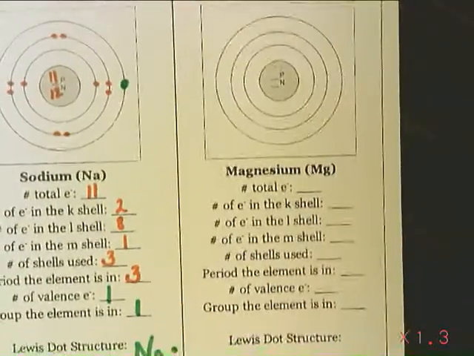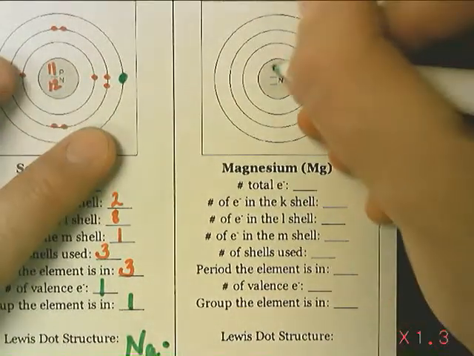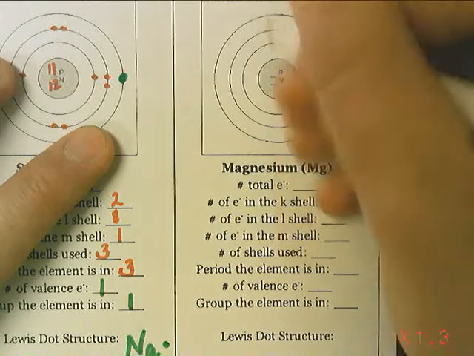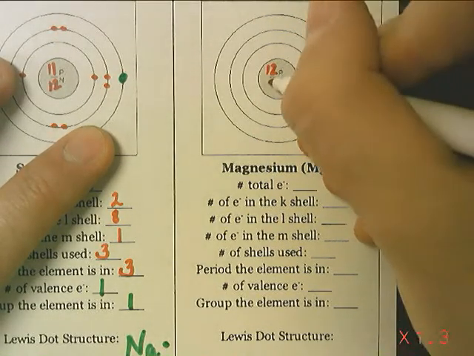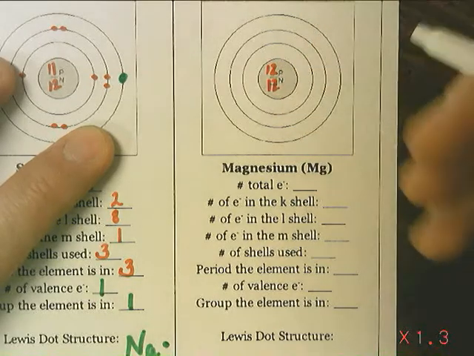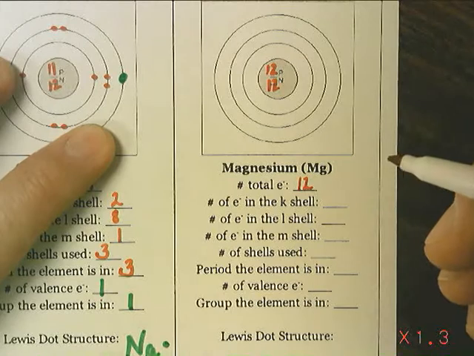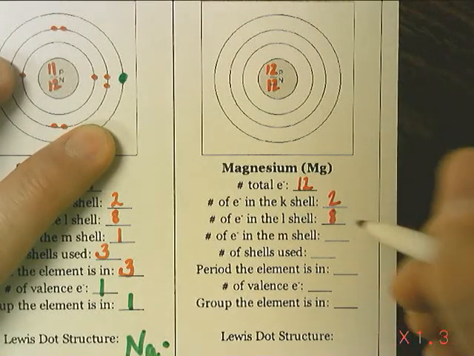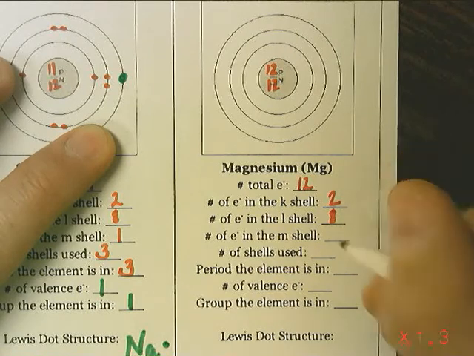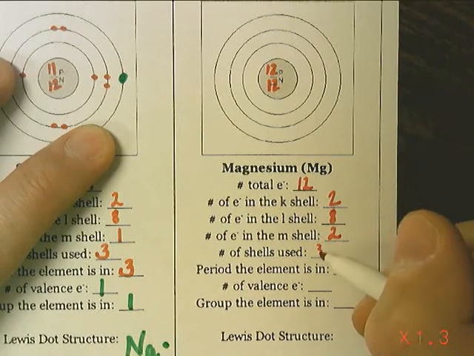Let's do magnesium. Magnesium has 12 protons, has 12 neutrons, that's 12 total electrons, 2 in the K, 8 in the L, that makes a total of 10, and 2 more in the M. We've used 3 shells.